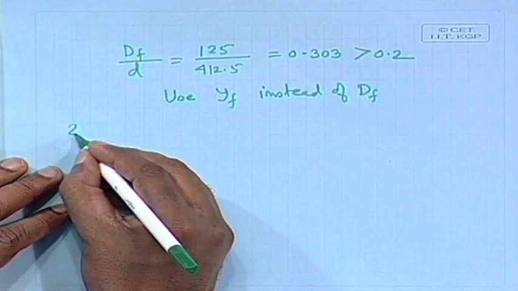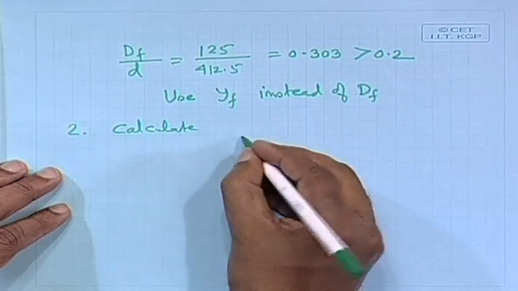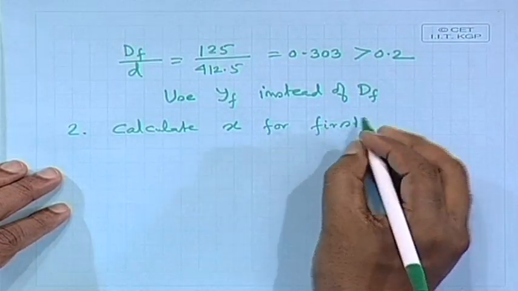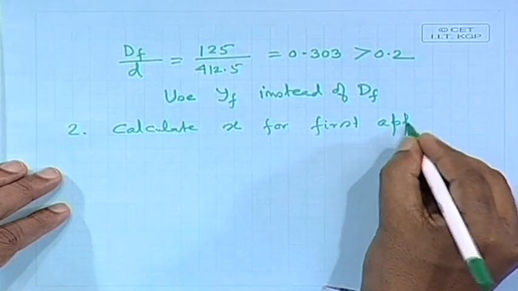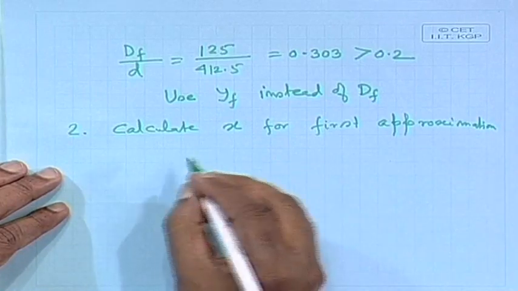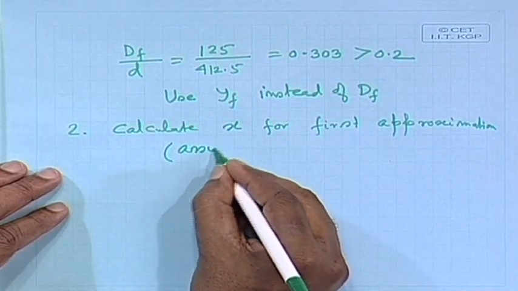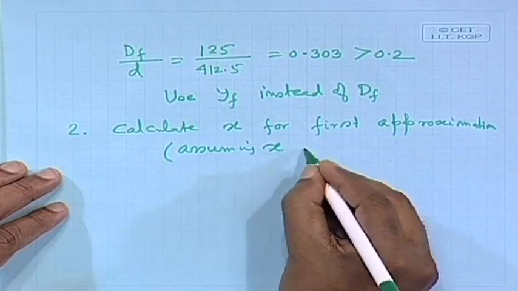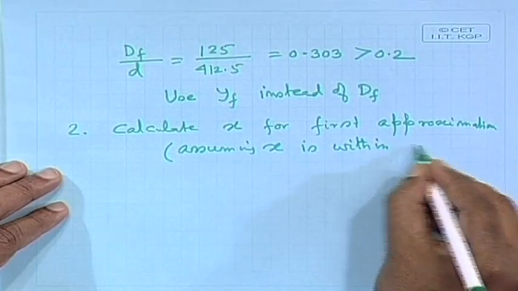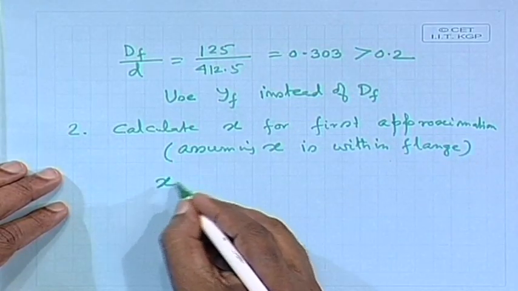So, number 2, calculate x for first approximation. We can assume x is within the flange, though we know it is not, but we can get the x value using the same formula.